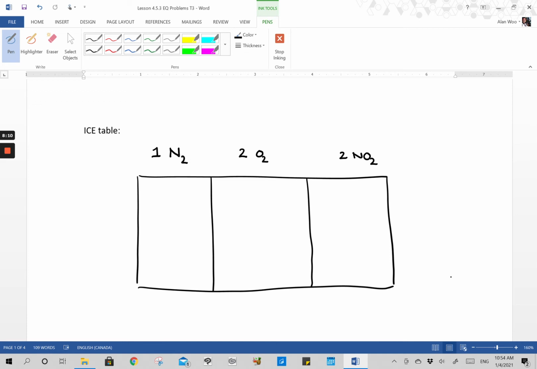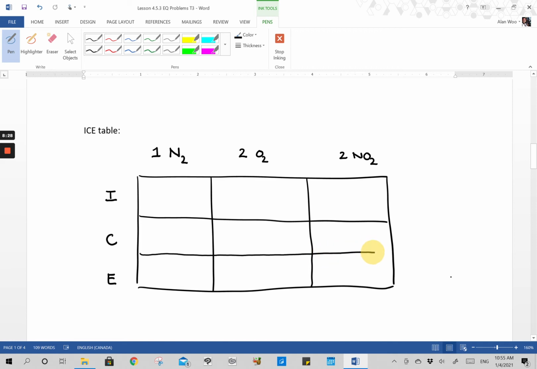One of the first things that we do is we put in the word ICE. Each of them will be its own row, like that.